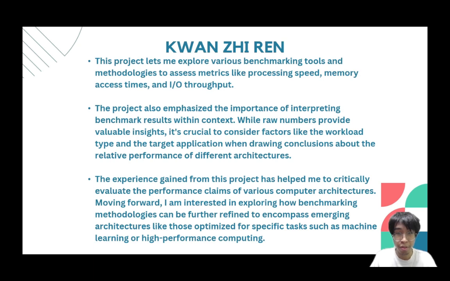This project also emphasized the importance of interpreting benchmark results within context. We cannot just view the raw numbers, but it is crucial to consider factors like the workload type and applications as well when drawing conclusions about the relative performance of different computers.